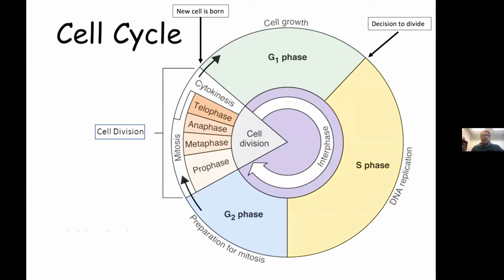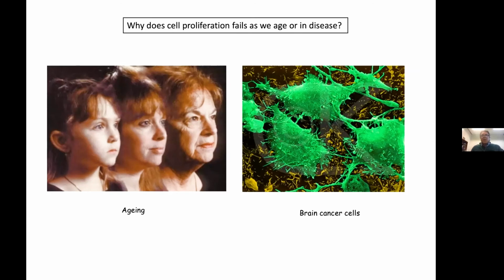So the main point, just going back to one slide, is we need to understand why cells undergo abnormal cell division, so that the cells that are produced are no longer able to carry out the same functions that they had before. And the question really is that cells make mistakes.